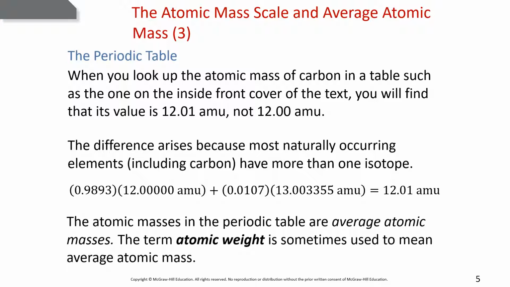So an isotope, again, are 2 of the same elements that have different number of neutrons, same number of protons. So if we were to have all the carbons in all the world in a big bag, and we were to stick our hand in and grab one, the probability of us pulling out a carbon-12 is 98.93%.